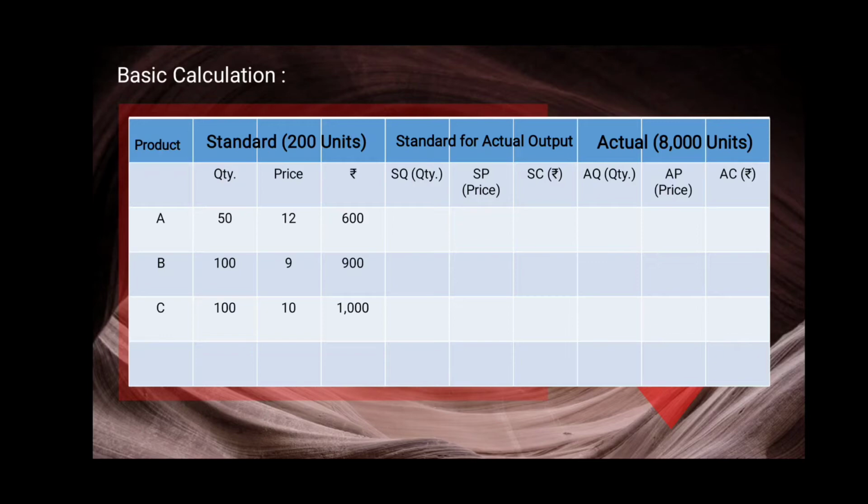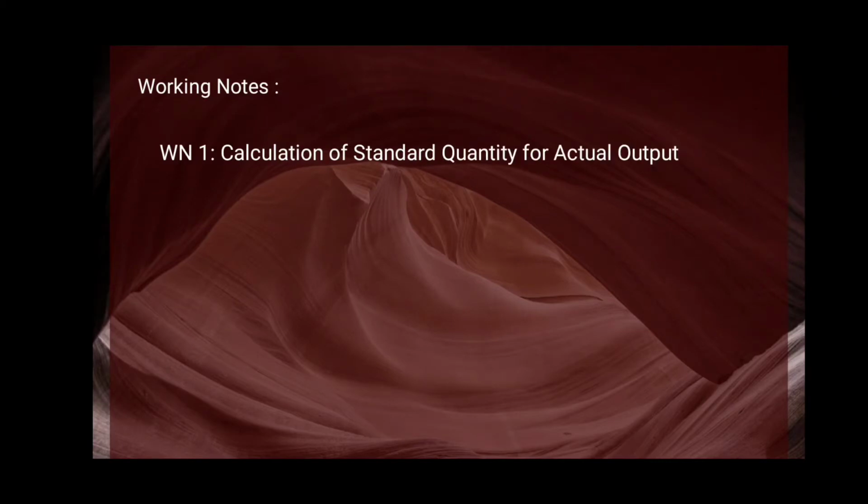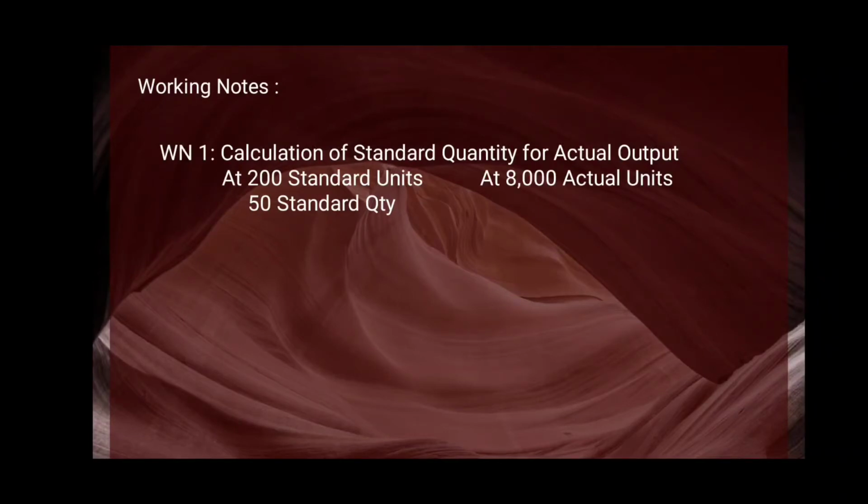Now we need to prepare working notes for finding out the standard quantity for actual output. So working notes. Working note number 1. Calculation of standard quantity for actual output. At 200 standard units, 50 is the standard quantity. So at 8000 actual units, how much will be the actual quantity?